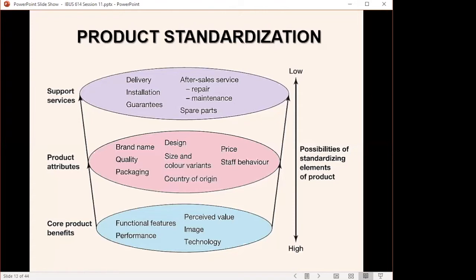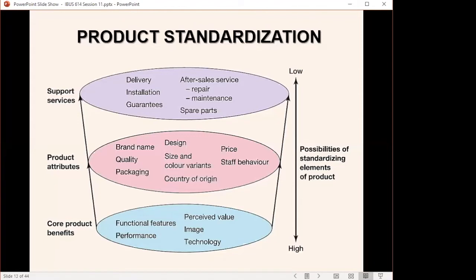And based on the diagram that is before us, we can see that at the level of the core product, it is easier for us to present something more standardized than adaptive. However, as we go higher to subsequent levels of the product, standardization begins to become minimal and adaptation becomes more and more possible.